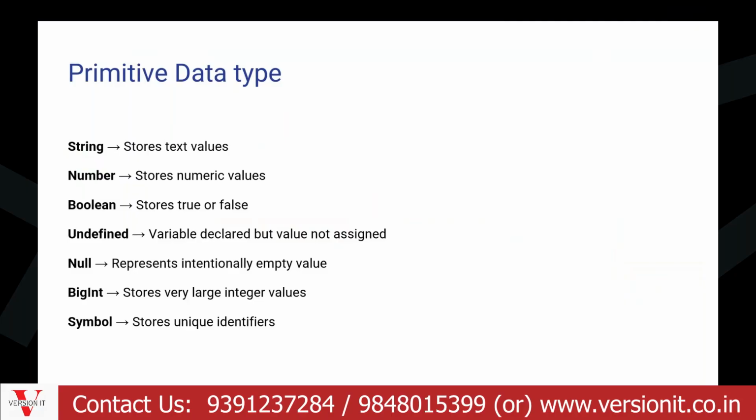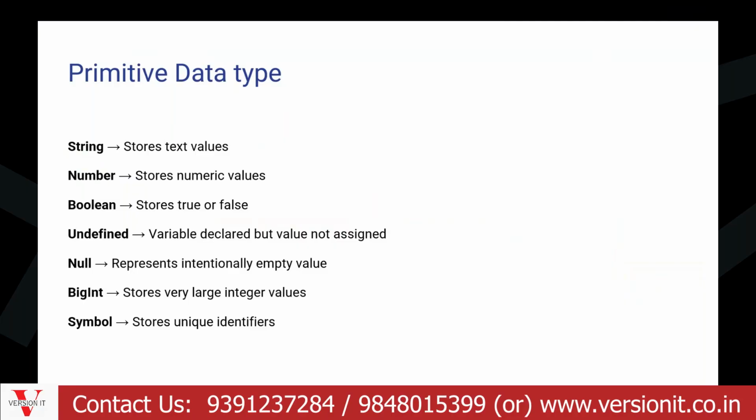Next is the number. This is also a number in JavaScript, and it can store normal integer values. When we consider integer values, generally we think of 10, 20, 30, 40, 50, 100. Yes, it can store that.